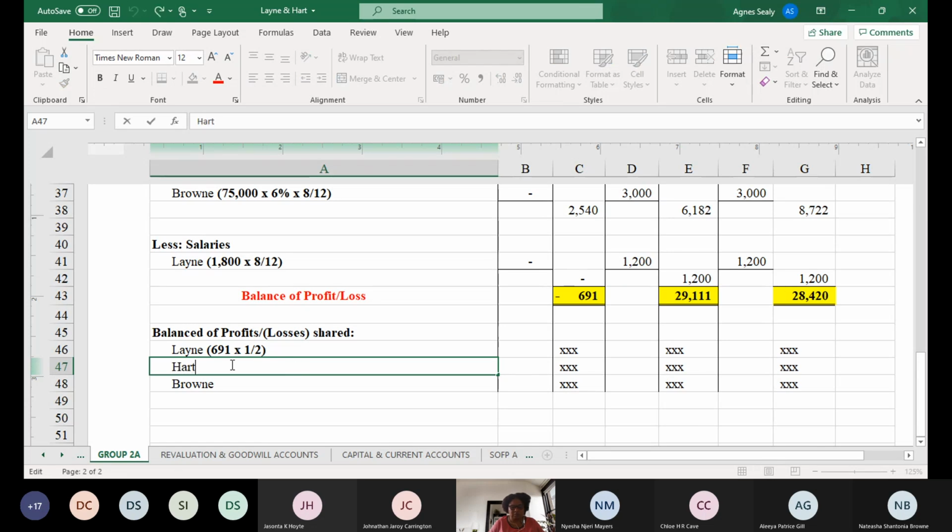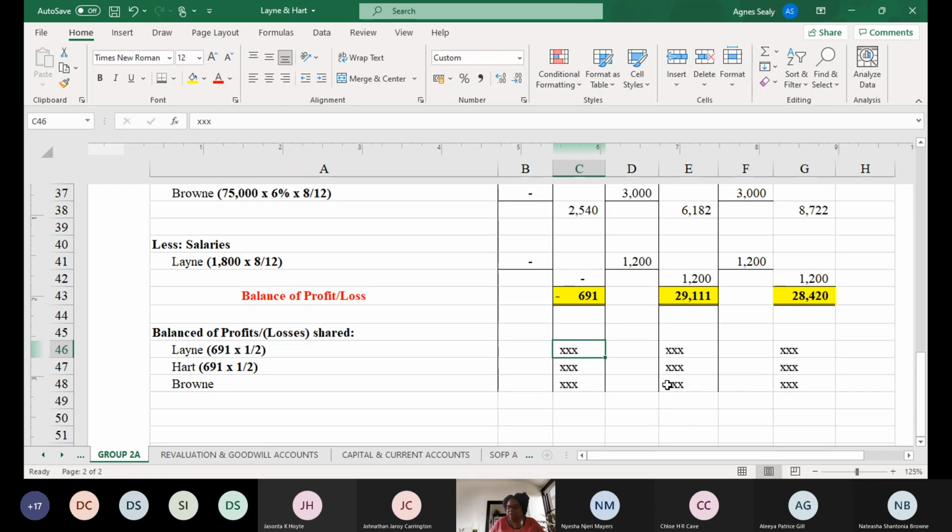So 691, and I think you get 350. So that is Layne and Hart. And I am going to round this to the 50 for both of them.